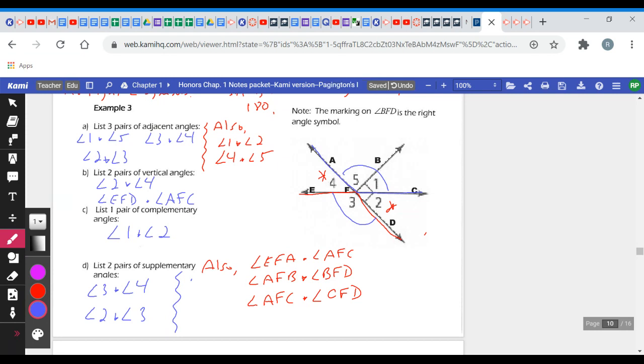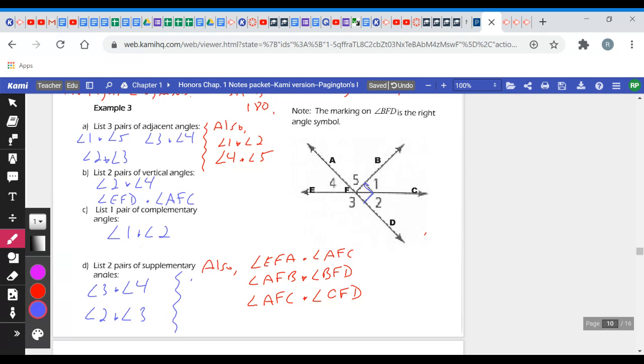All right, then on C, it's asking for a pair of complementary angles. We can tell that those 2 angles, angle 1 and angle 2, are complementary because of this right angle symbol right here. And then on D, it's asking for 2 pairs of supplementary angles.